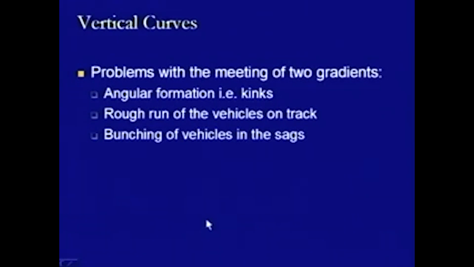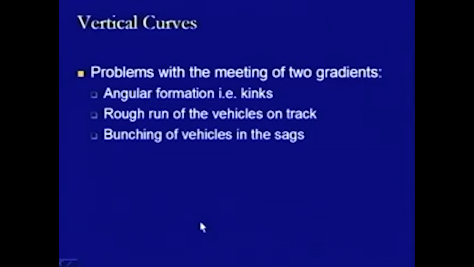At this point of sag, there will be bunching of vehicles. All the vehicles coming towards this location, whether they are coming from the downward gradient or going up the upward gradient, have the tendency to go towards the lowest point of that trajectory.